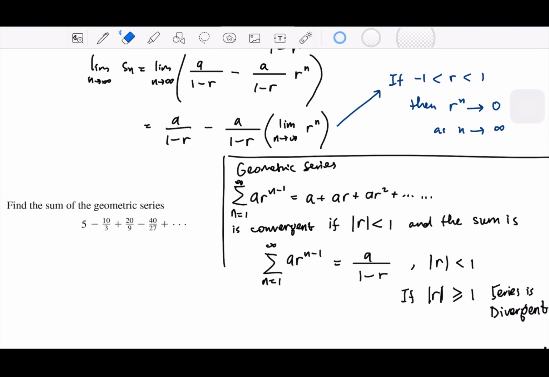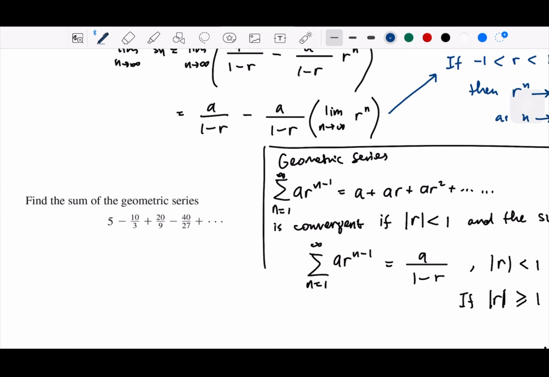Okay, so if we look at the question on the left, we see that the first term, a, is 5, right? And since the question gives information that it's supposed to be geometric, 5 becomes 10 over 3, 20 over 9, and we see that this is being multiplied by negative 2 over 3, right?